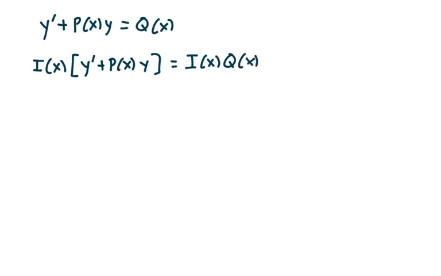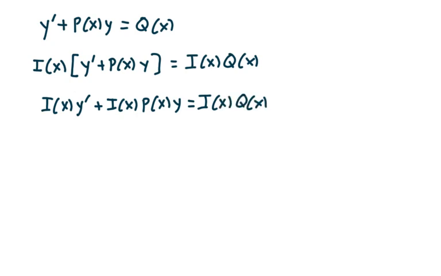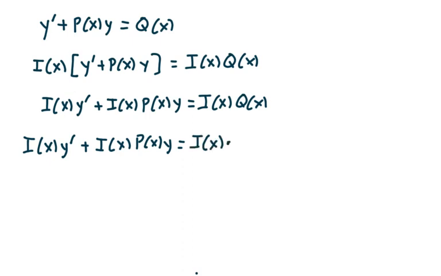Now, if I distribute, that says I of x times y prime plus I of x p of x times y is I of x q of x. Now, remember, by design, I of x y prime plus I of x p of x times y must equal the derivative of I of x times y. That's what we need by design.